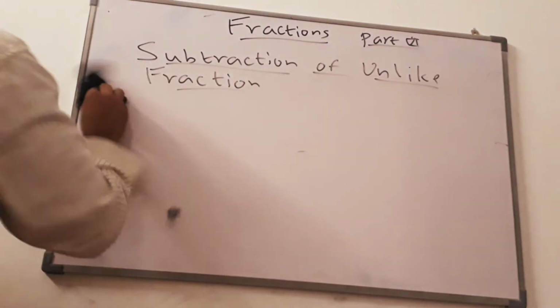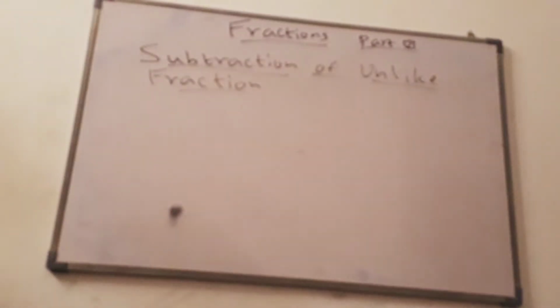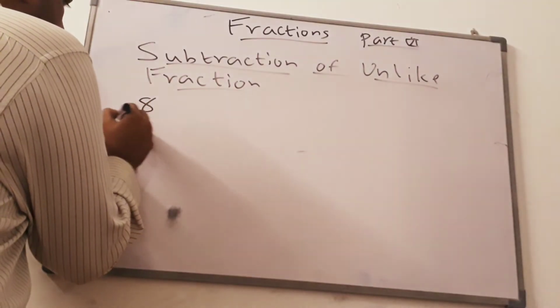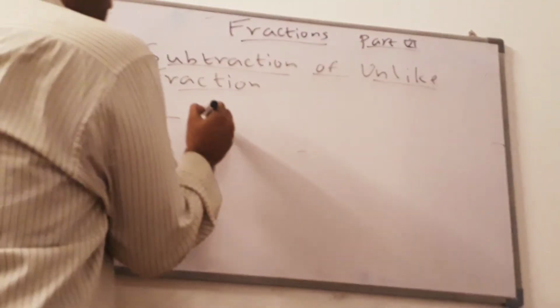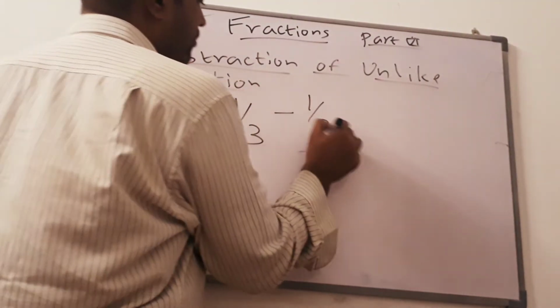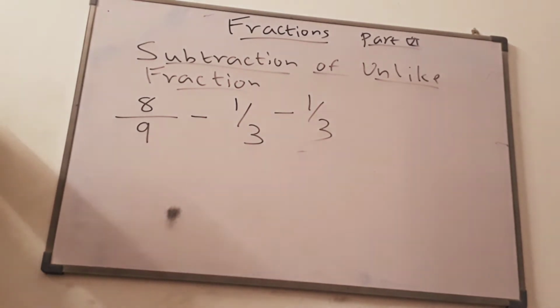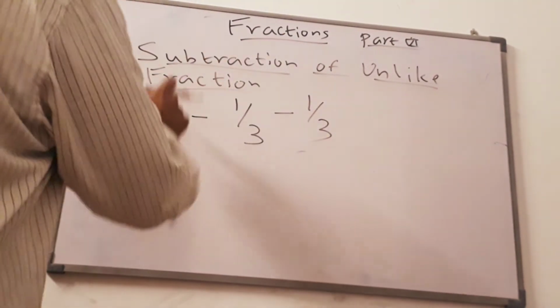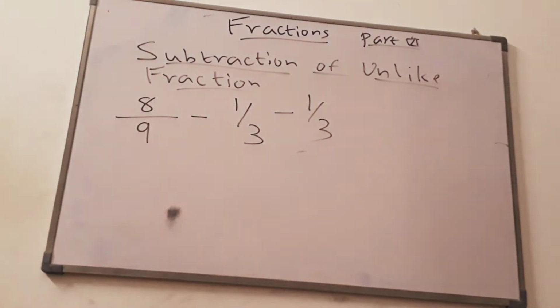Now suppose a sum like this for an example. 8 over 9 minus 1 over 3 minus 1 over 3. Here you have to subtract 1 over 3 twice from 8 over 9.